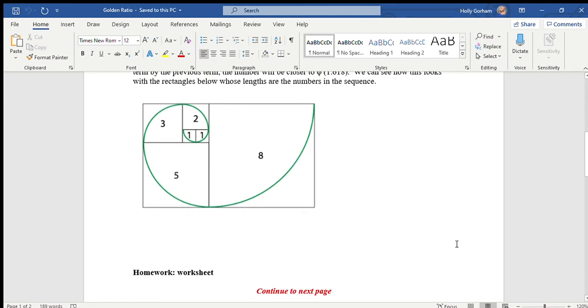And what we're going to do is I've got a worksheet that, you'll see when you get it, is a human head. And so what you're going to do is you're going to measure different parts, and then you're going to compare them to see if any of them are in the golden ratio. Because the idea of the golden ratio is that it's a ratio which makes things aesthetically pleasing.